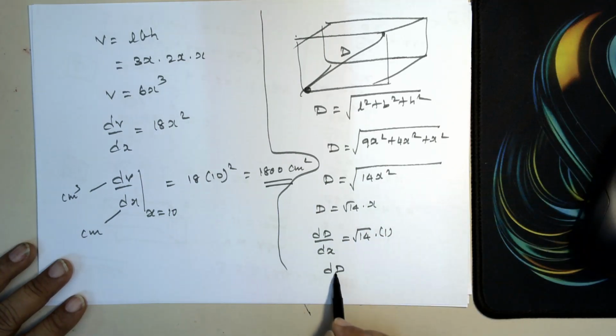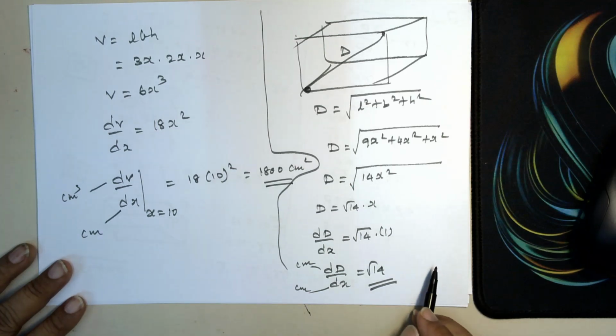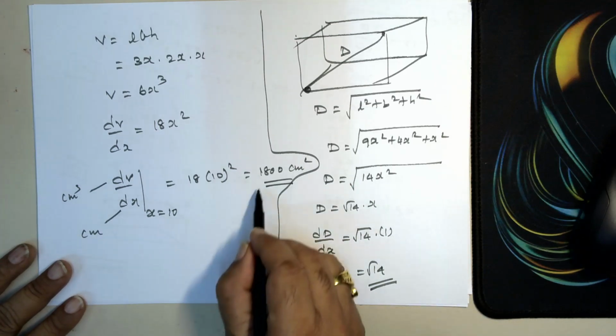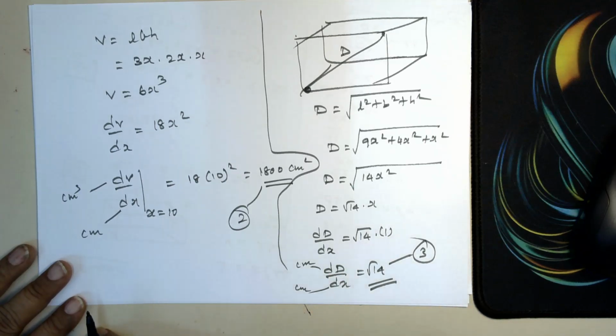So dD by dx is equal to root 14. Now what is the unit? This is length, centimeter. This is also centimeter. So cancel, no unit. Okay. So this is answer 2 and this is answer 3. Finally display your answers, right?